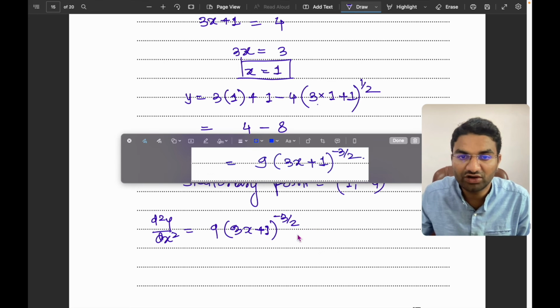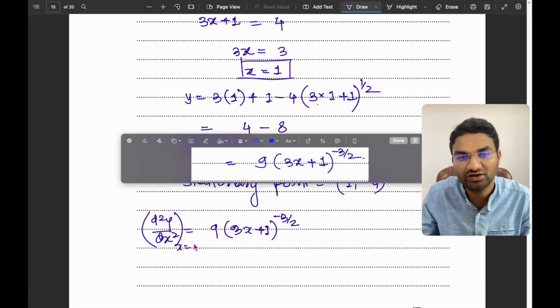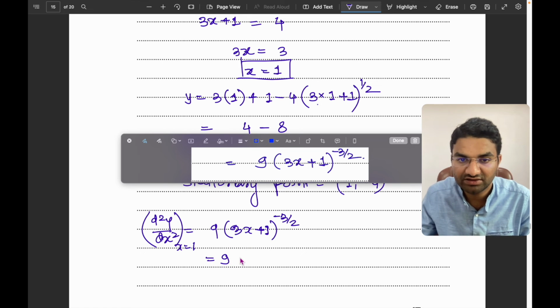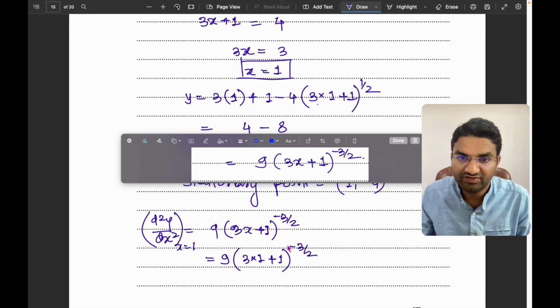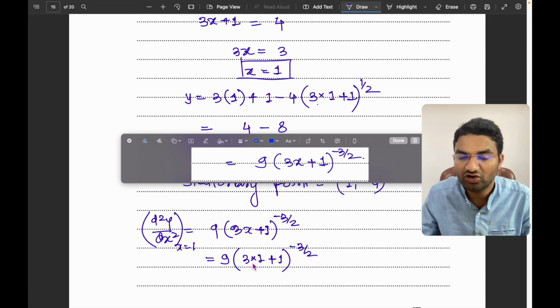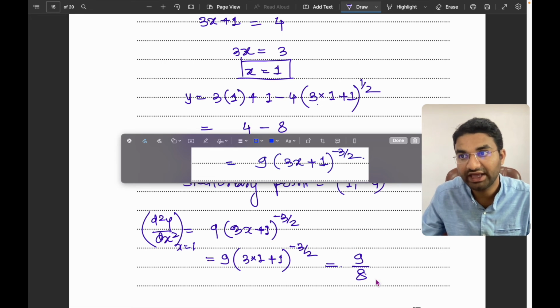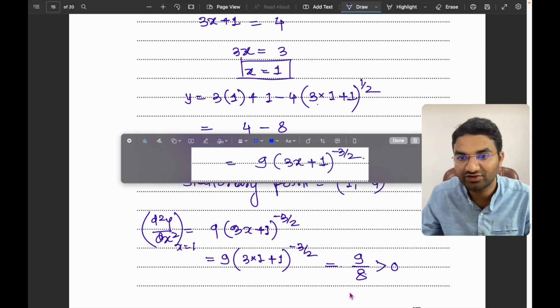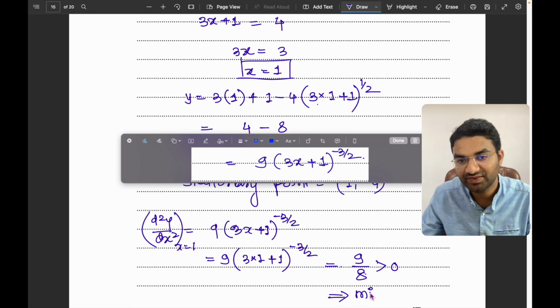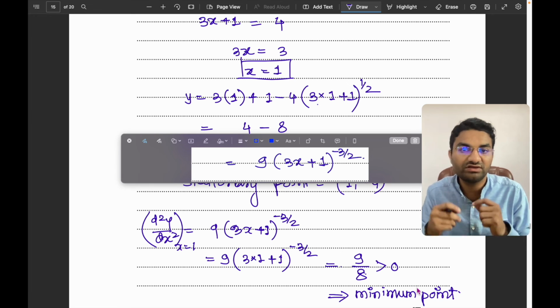So it will be 9 times (3 times 1 plus 1) raised to negative 3 by 2. The square root of 4 is 2 and 2 cubed is 8, so you will get 9 over 8, which is greater than 0. So it's a minimum point. Getting it? This is how you have to solve it step by step.